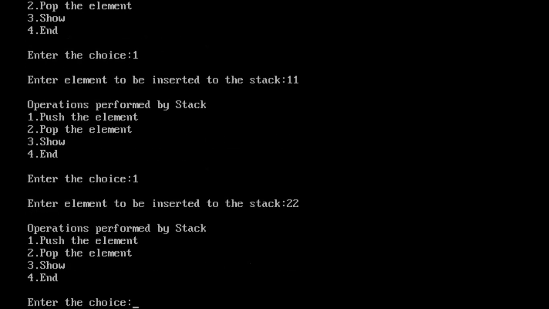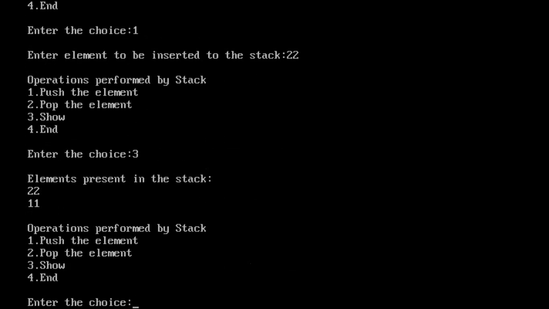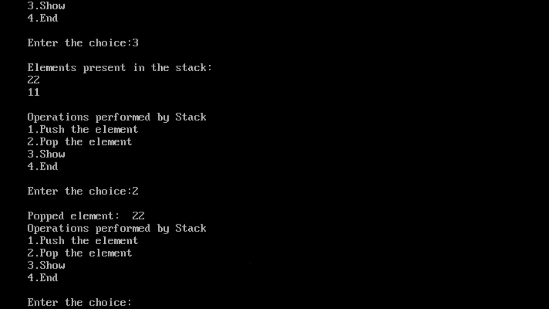Then I enter the choice 3, which means it will display the elements of the stack. The elements present are 11 and 22. 22 is the last element. And if I want to pop out, choice number 2. So it pops out the upper element, that is 22.